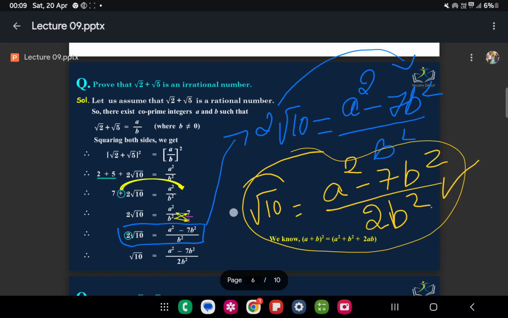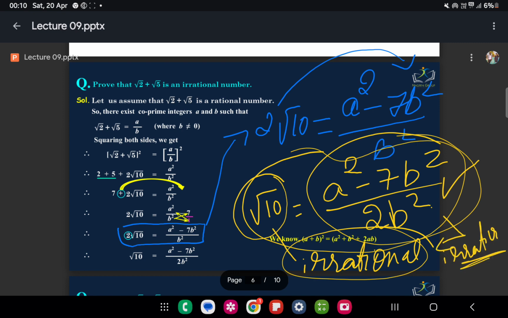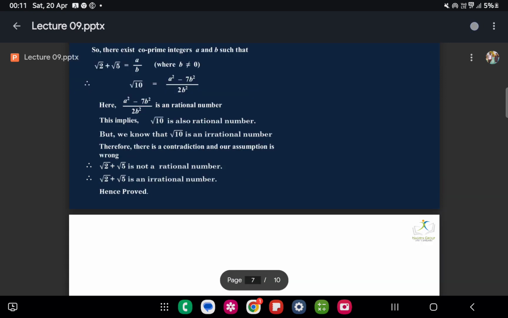If anything is having root with the number, root 10, root 5, root 2, all these are irrational. So here a square minus 7b square divided by 2b square is also irrational. Hence we have proved that root 2 plus root 5 is an irrational number.